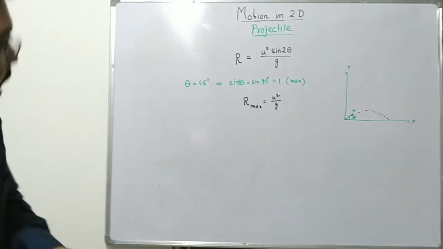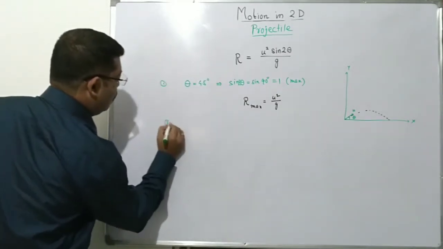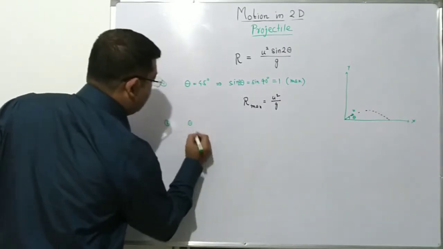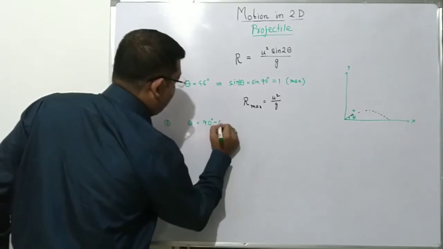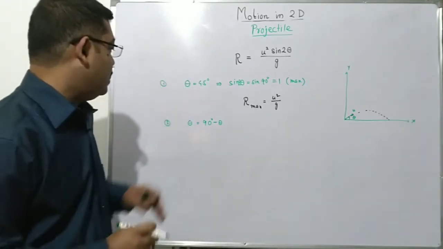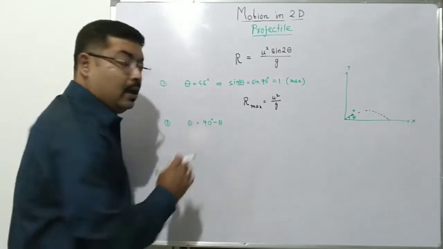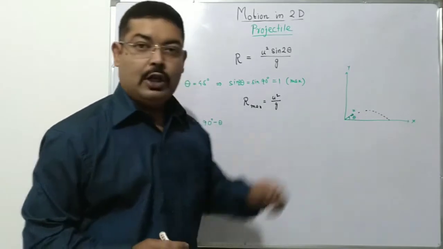Now, what if we have theta equals 90 degrees minus theta? That is, what if the angle of projection now becomes complementary to the angle of projection that we had initially?